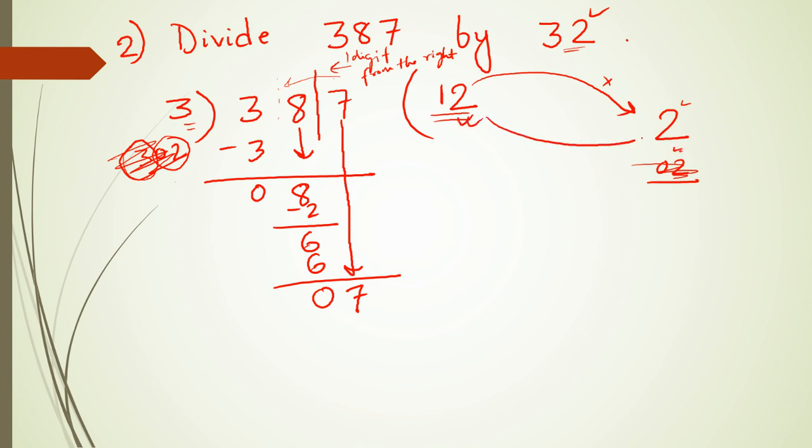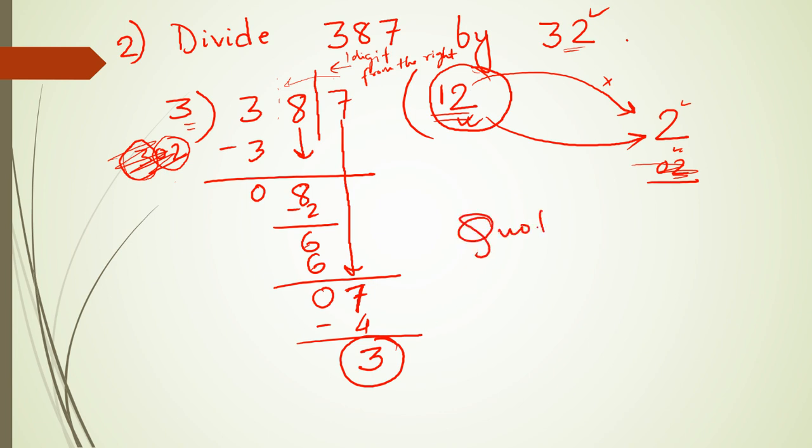We need to multiply the last digit times this 2, and then subtract it from this number, right? So 2 times 2 is 4. We have to subtract 4 here, and then we get this number 3 at the end. So 12 is the quotient and 3 is the remainder.